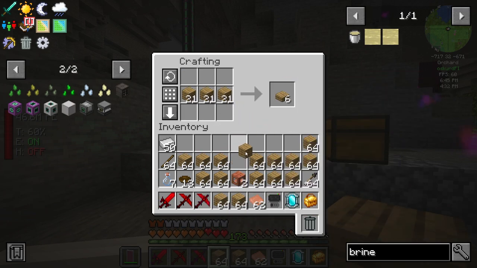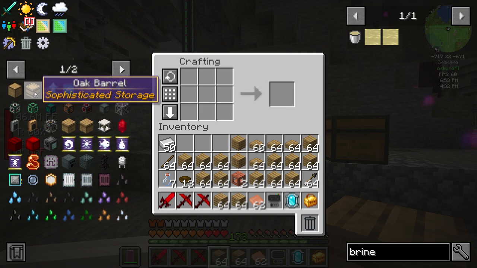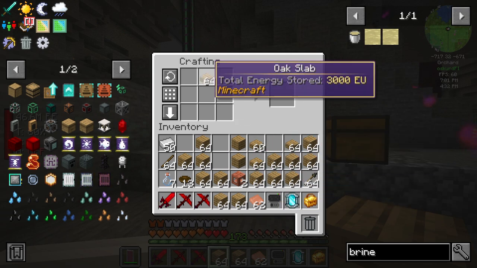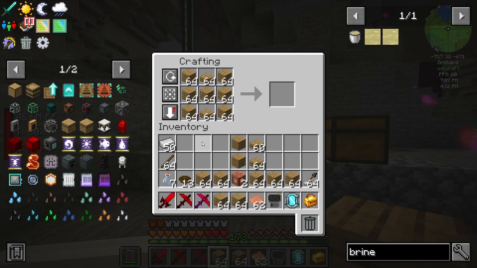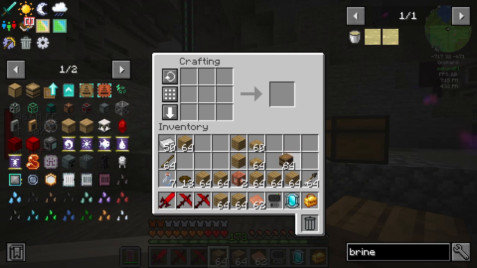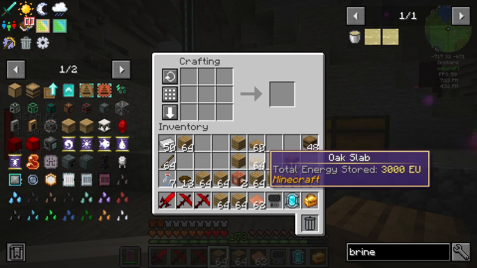And now we need a lot of slabs. And then we don't need these, we need just regular barrels, which was... Don't be dumb. There, there. That's 64 barrels. And I said 48. 48 barrels, so we need more. Obviously more.